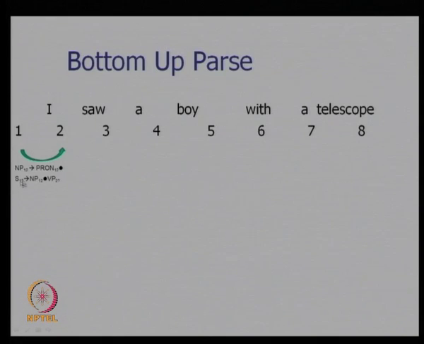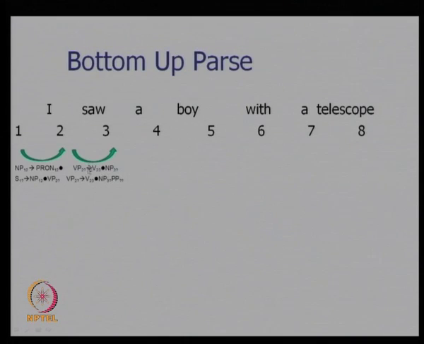In S, the dot has gone over NP. Now, VP has to be found out. These suffixes have to be noted. NP12 and pron12 says that between 1 and 2 we have found a pronoun and a noun phrase. S1 question says that there is a sentence beginning at 1, ending at where we do not know. NP12 is fine, we have found a phrase between 1 and 2. VP begins at 2, ends at where we do not know.